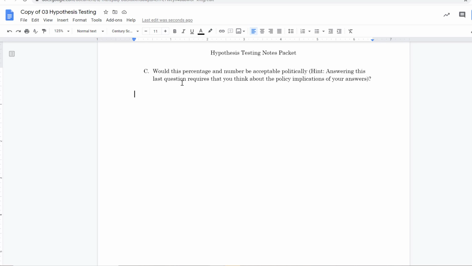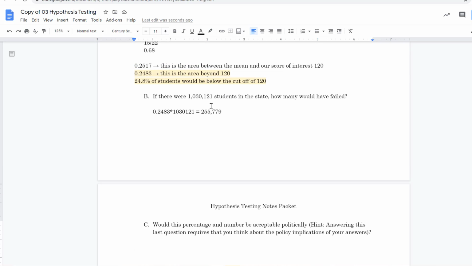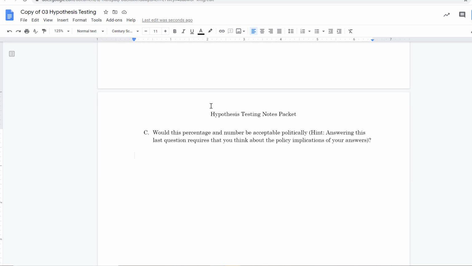And not just a couple of parents, but over 250,000 parents are going to find out this information. What do you think that they would do? They would probably storm the next school board meeting and be screaming bloody murder about how unfair this is and how there's no way in heck they're going to hold their kid back.